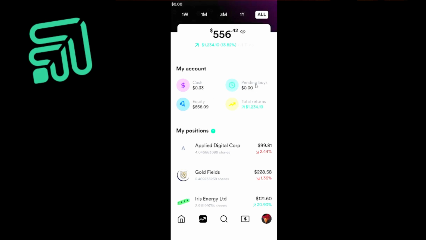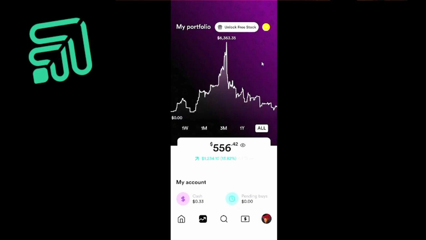Okay, then pending buys if you plan to buy, and then equity is the total amount you have invested. This one is not good on their part in GoTrade because it still retains the old trades that you did based on your historical investments, or your trades.